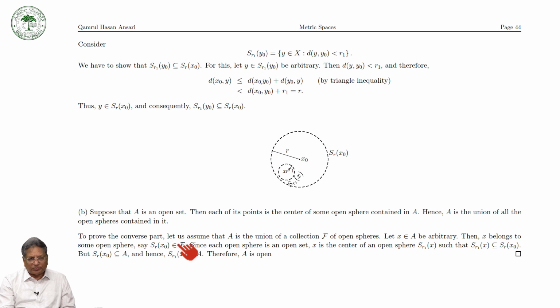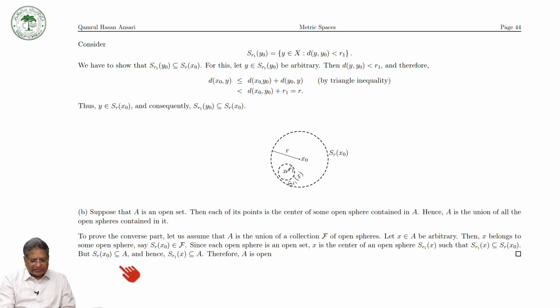To prove the converse part, let us assume that A is the union of a collection F of open spheres. Let x in A be arbitrary, then x belongs to some open sphere, say for example S r x naught, and since each open sphere is an open set, x is the center of an open sphere S r1 x such that S r1 x is a subset of S r x naught.